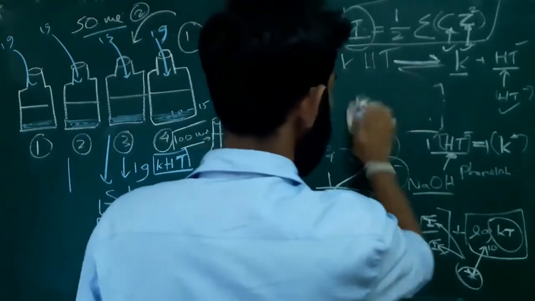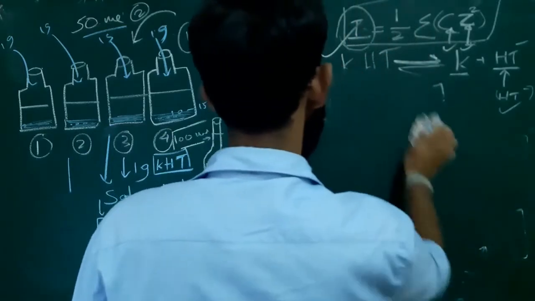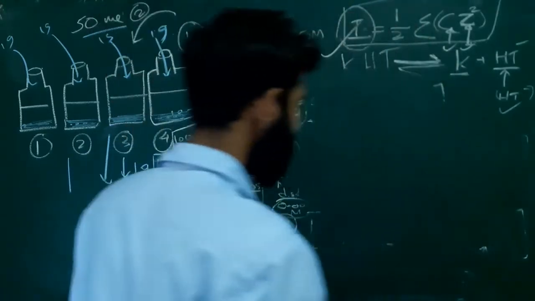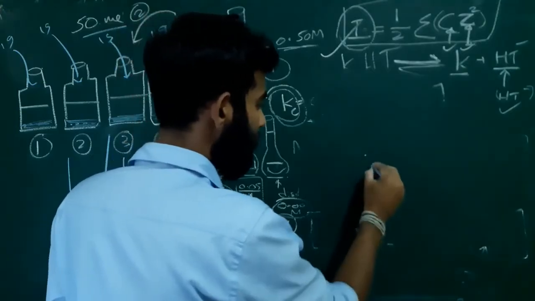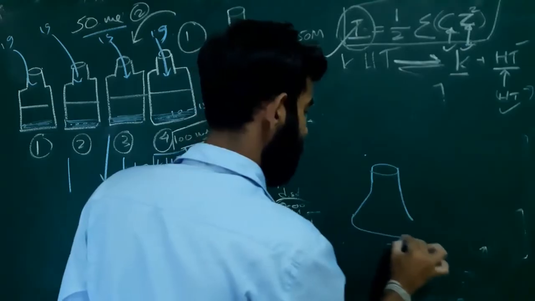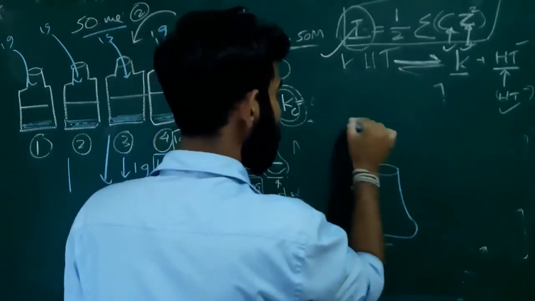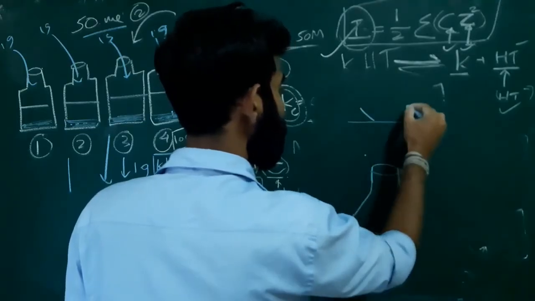And there is another thing. When we are filtering, there is a special thing. Imagine here is our conical flask. We are going to collect our filtrate into this conical flask. This is the funnel stand.